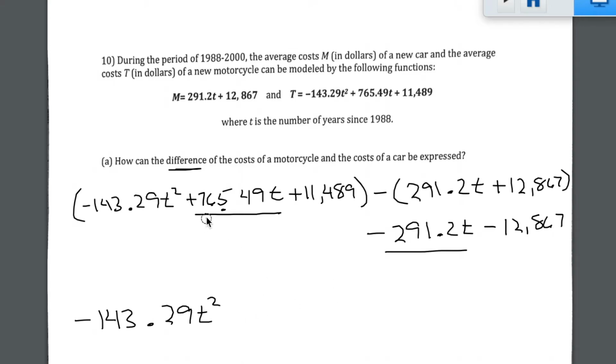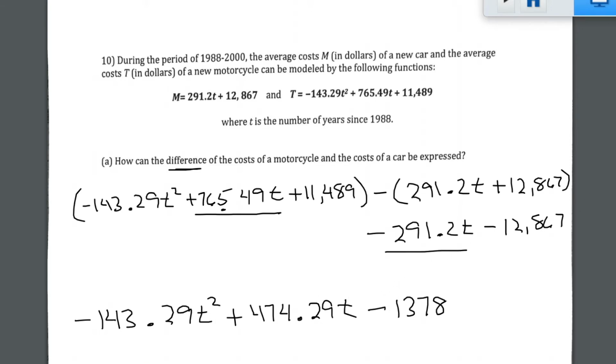And when we subtract, I know it's going to be positive because the bigger number is positive, is 474.29 t. And then finally, we have our constants. So one's negative, one's positive. This time the negative is going to win out. The negative is bigger. And that's going to be 1,378.